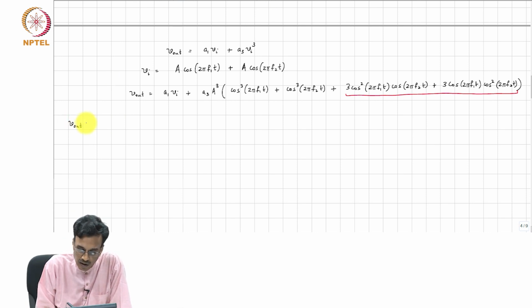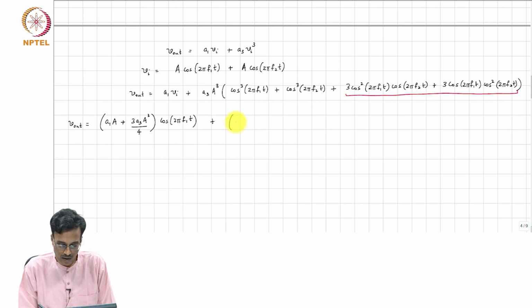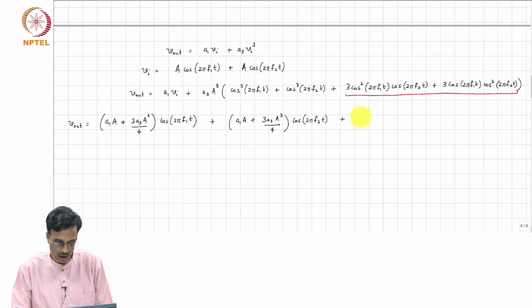So, V out is A1 A plus 3 A3 A cube by 4 times cos 2 pi f1 t, plus similarly A1 A plus 3 A3 A cube by 4 times cos 2 pi f2 t, plus A3 A cube by 4 cos 6 pi f1 t plus A3 A cube by 4 cos 6 pi f2 t.